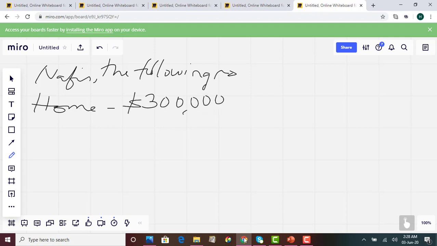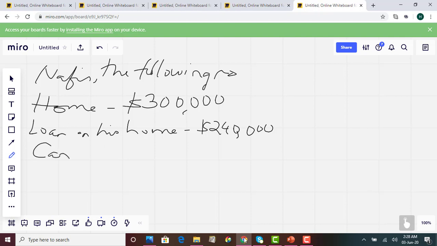Okay, now there is a loan on his home and the current balance on that loan is 240,000. Okay, then he also owns a car and the value of the car is 30,000.